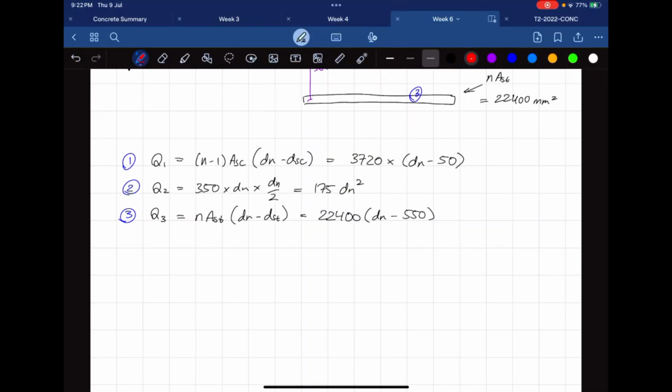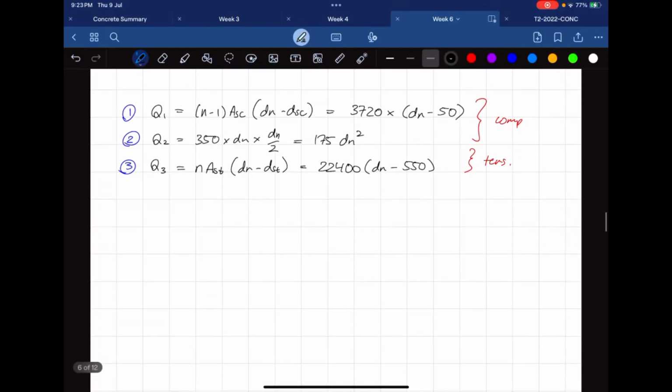Now we're going to have to equate these two, so this is compression, to our tension side. So we get 3720 times dn minus 50 plus 175 dn squared is equal to 22400 dn minus 550.